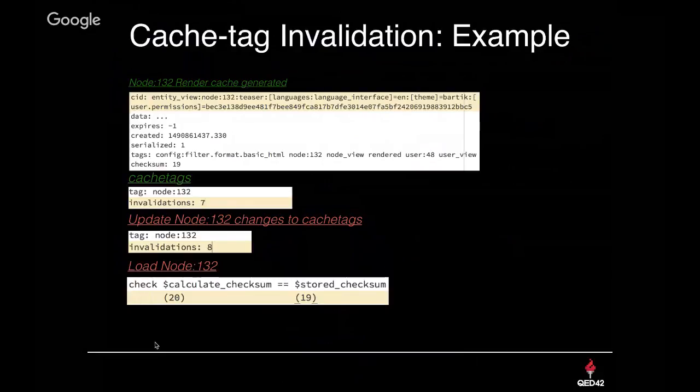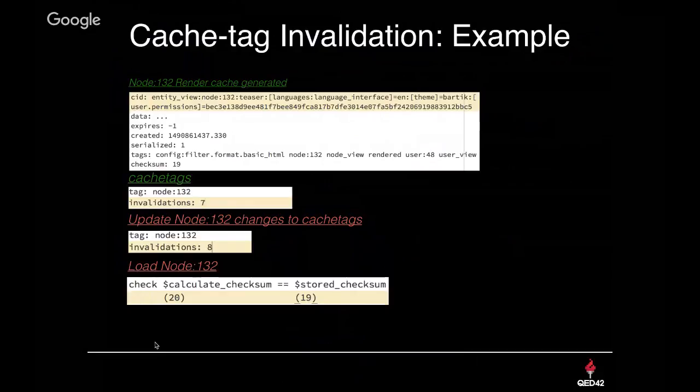It has a cache ID, it has some data which Drupal cached, it has an expiration time, it has a create timestamp, serialized, and it has two other values, tags and checksum. Tags are the cache tags on which the cache for this render array is dependent, and checksum is the sum of integer values for all of these cache tags.